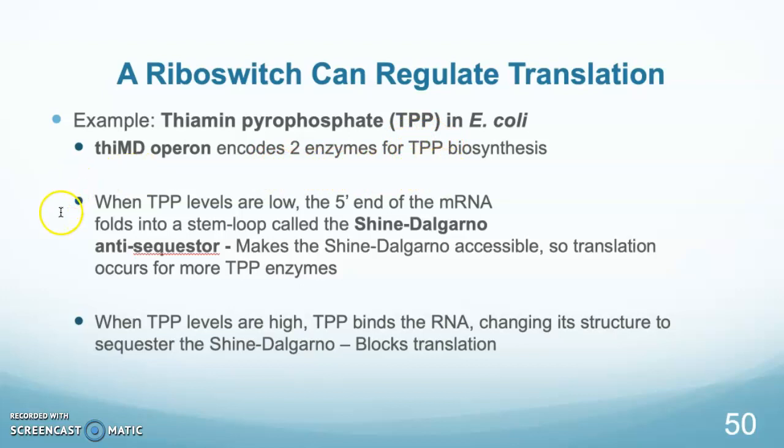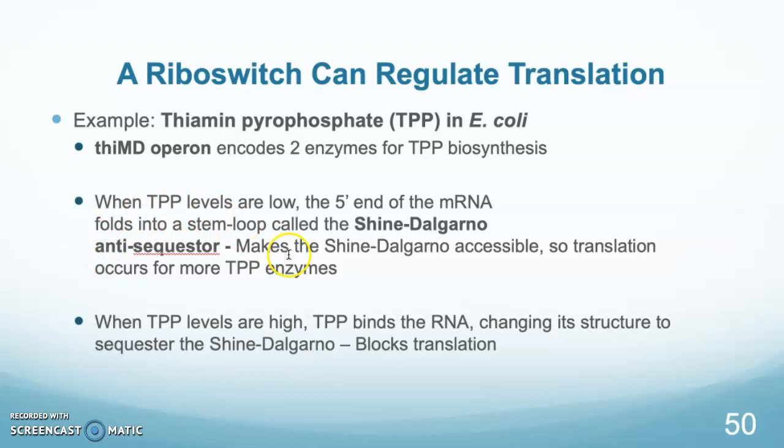Okay, when the TPP levels are low, the 5' end of the mRNA will fold into a stem loop called the Shine-Dalgarno anti-sequester. What this does is it makes that Shine-Dalgarno accessible. So remember, the Shine-Dalgarno sequence has to be accessible to actually bind to ribosomal RNA in the small subunit of the ribosome.